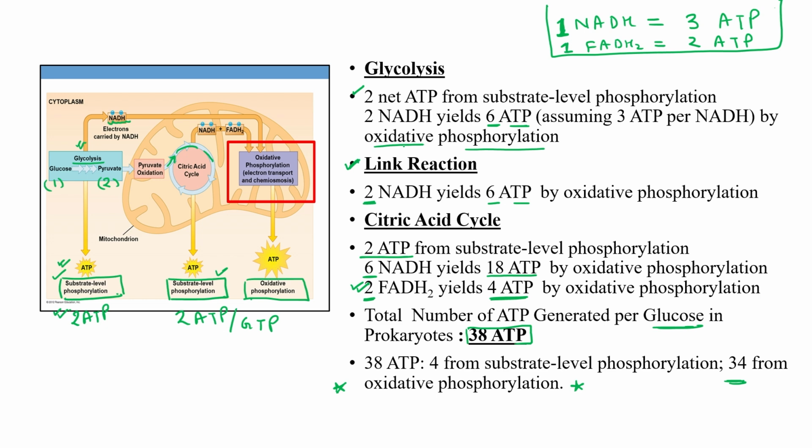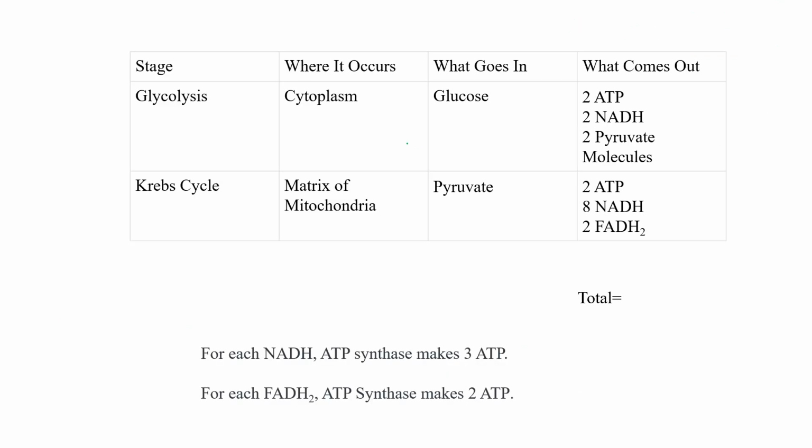Is it clear? Now, in this tabular form, we will discuss the process once again. What is this stage? Glycolysis. Where does it occur? Cytoplasm. Am I right? What kind of molecule enters this particular cycle? Glucose. Right. And what is the outcome of this cycle? What comes out? 2 molecules of ATP.